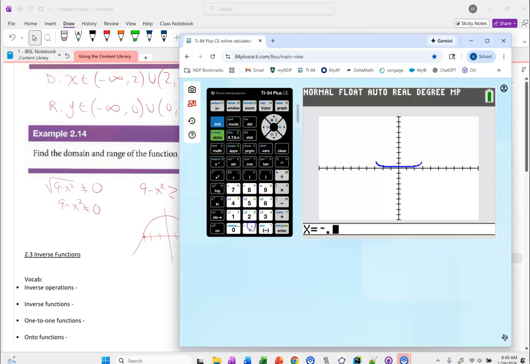Because if I picked something like this, that's still in the domain, look at the y coordinate on that. Really what's happening here is you're getting a vertical asymptote, and the calculator just doesn't have enough resolution because it's getting steep so quickly. So you do have to use a little bit of common sense there.